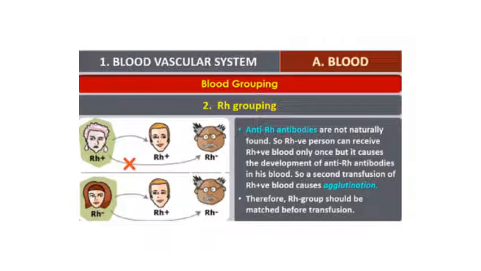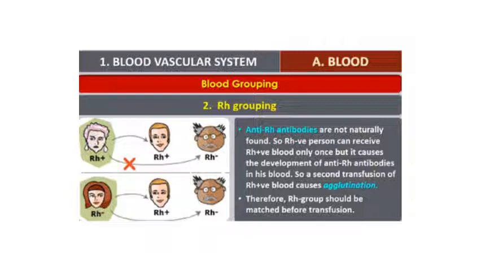Now, anti-Rh antibodies are not naturally found in our body. So a Rh negative person can receive the blood from a Rh positive person only once, but it causes development of these anti-Rh antibodies in his blood. So a second transfusion of Rh positive blood causes something called agglutination.